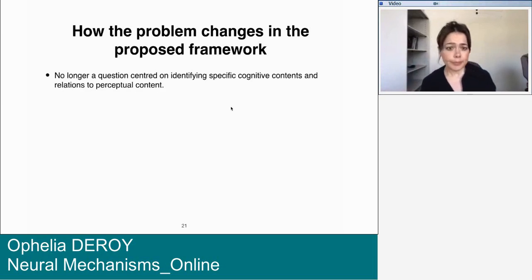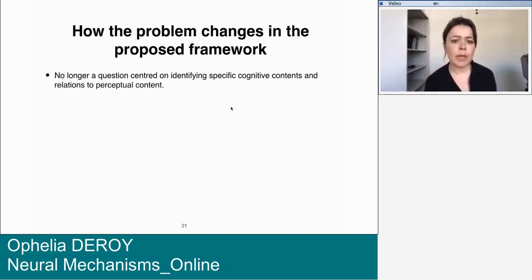So the first benefit is that once you're in a predictive coding account, then you're fine with saying it's both top-down and bottom-up, and we're happy with that. I think that you could make the move with a classic view about cognitive penetration as well.